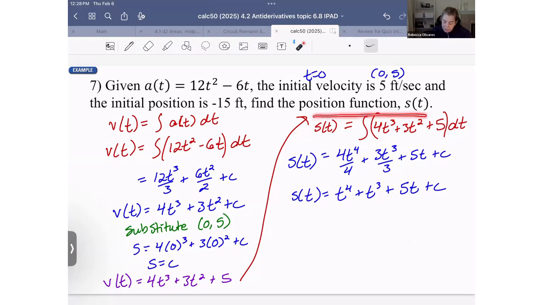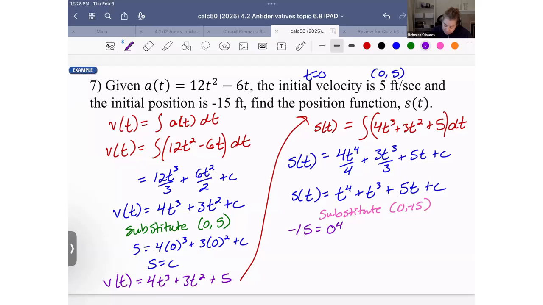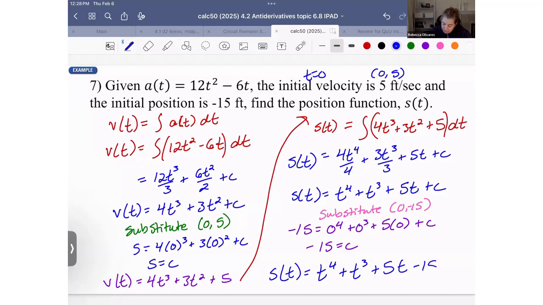And then we will substitute our initial position information. So the initial position is negative 15. We're going to substitute that to find c. And again, you can do this in your head. It's not that difficult. So our final answer is t to the 4th plus t cubed plus 5t minus 15.